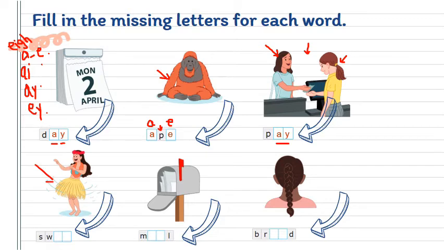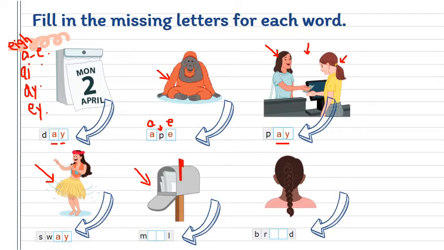Let's look at this lady over here dancing. Which word also means to move from side to side? It's the word sway. Sway. So here I need the pattern AY to complete the word sway. What about this one here? This is a mail, mail.